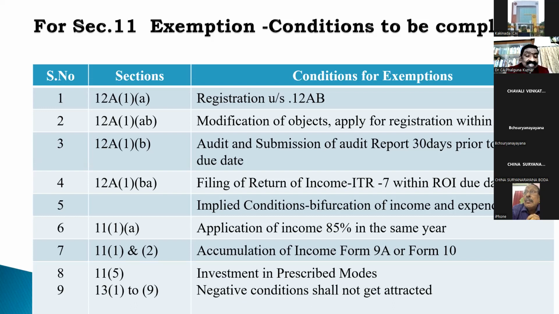For Form 10, it must be in 11(5) mode, separately identifiable. Your general funds may be there in 11(5). But once you file Form 10, for it to be identifiable under section 11(5), say you have 10 deposits in the bank. Which deposit you are earmarking for this Form 10 accumulation, you must specify in the ITR 7.